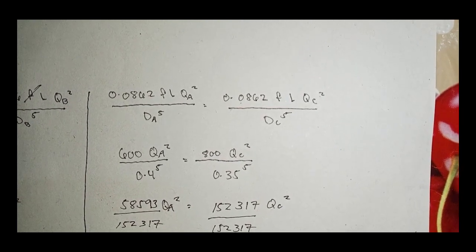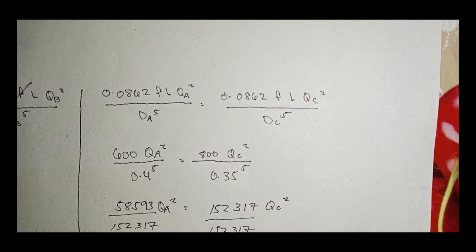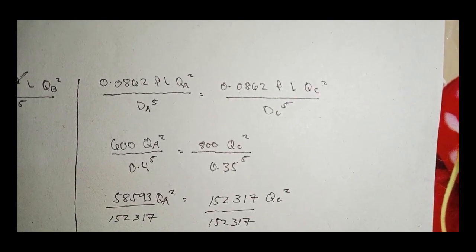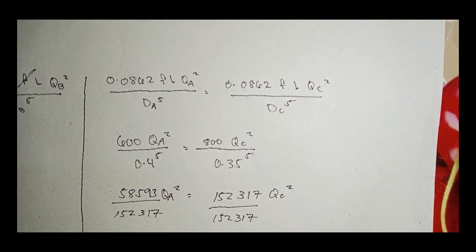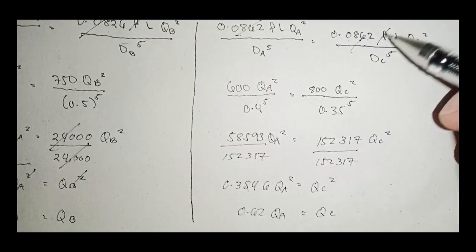Since we got our QB, we are now going to get our QC. We will use the same equation we did in QA and QB with QC. The constant will cancel out, and our friction factor will cancel out.